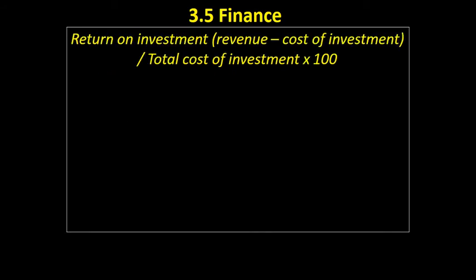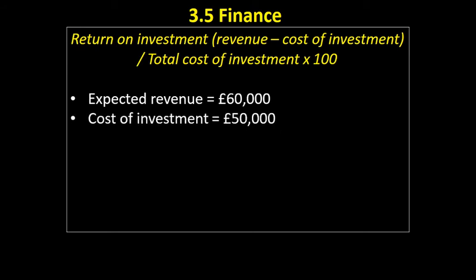Let's just work through an example to put it in context. So let's just say we earn £60,000 as a result of installing a new machine. The cost of that new machine is £50,000. Well, fairly obvious that the return on that investment is £10,000.